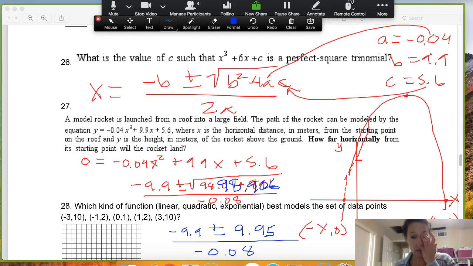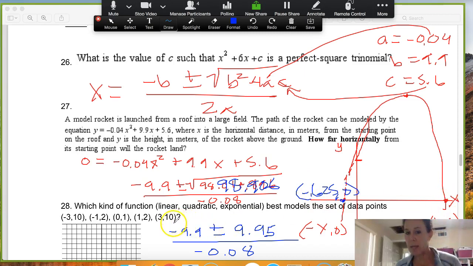Actually, I'm sorry, negative 9.9 plus 9.95 will give me positive 0.05 divided by negative 0.08. I apologize. Okay, so this is going to end up being negative 0.625. So this is my negative point right here. This is negative 0.625, comma 0. That's my negative point. And then here's my positive point.